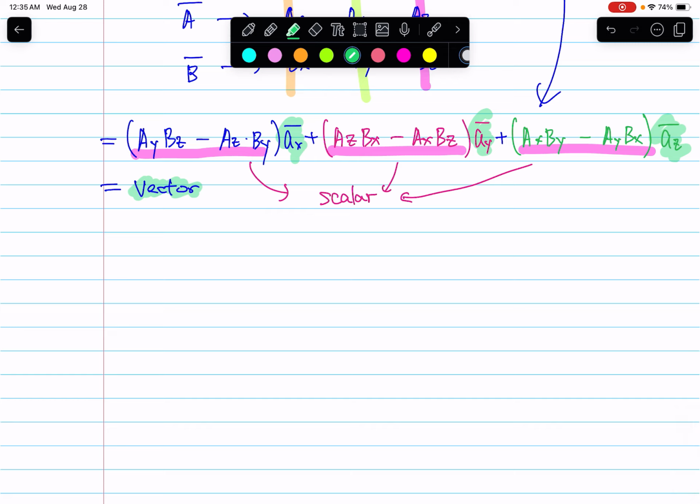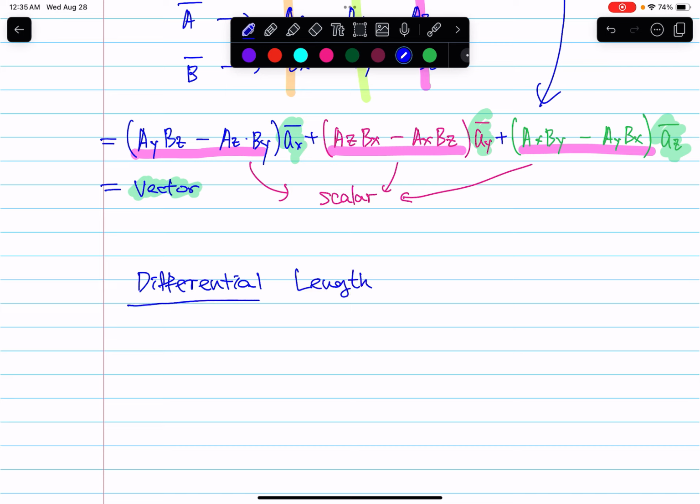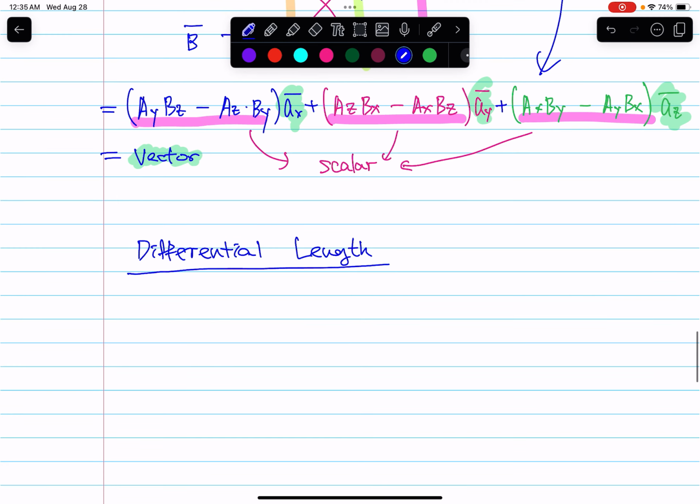So now we're going to talk about differential length. Okay, so this is a very important concept. So what does this mean?